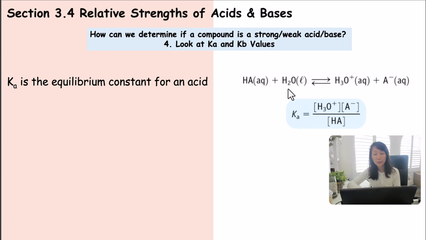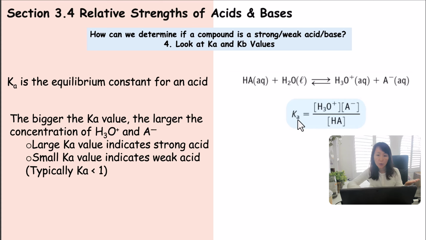We don't include the water since it's liquid. So if I were to solve this out and look at the Ka, we can determine whether this particular substance is a strong acid or a weak acid.